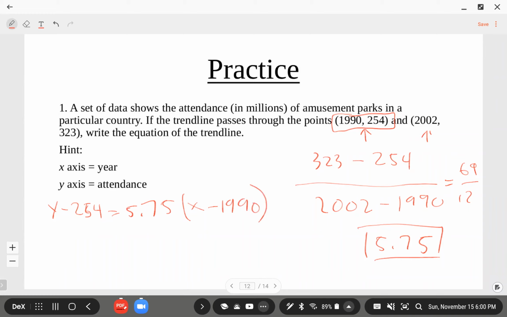So y minus 254 equals 5.75x minus 5.75 times 1990.